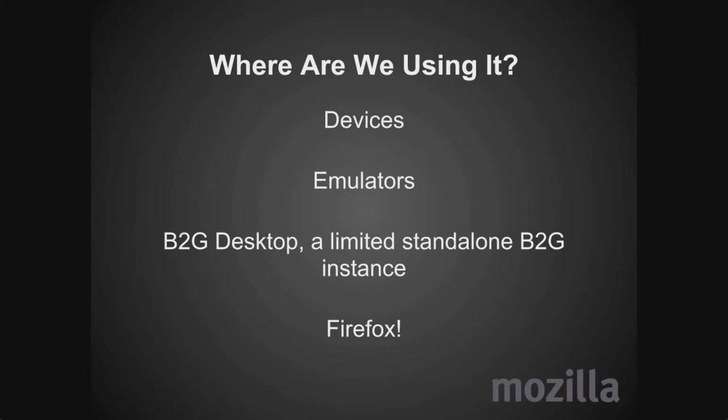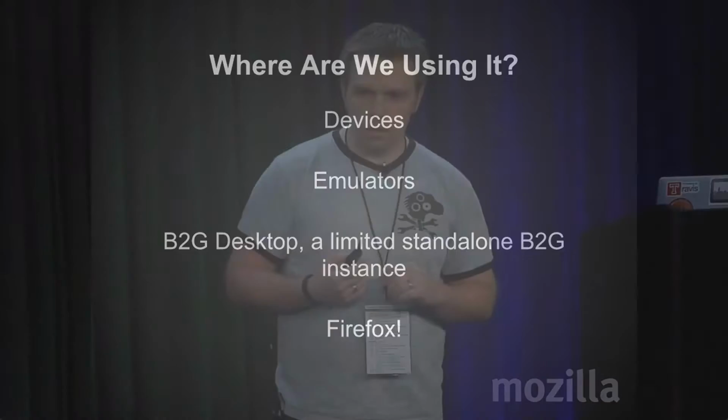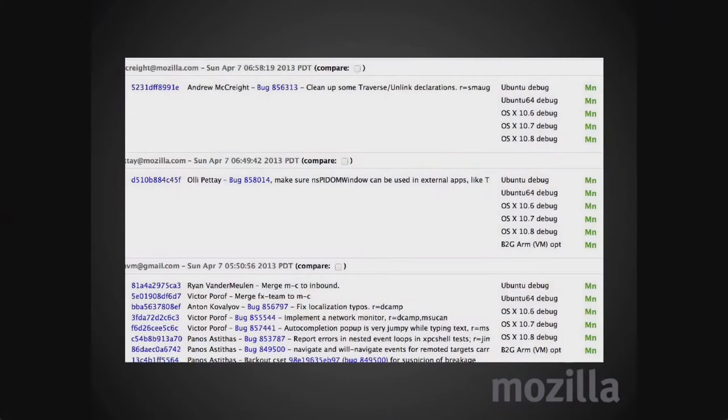Marionette is now one of the tier 1 testing frameworks. It means that within Mozilla, if you push something into our repository and it breaks a Marionette test, it will be backed out and you need to fix it. This is how we view our test results.